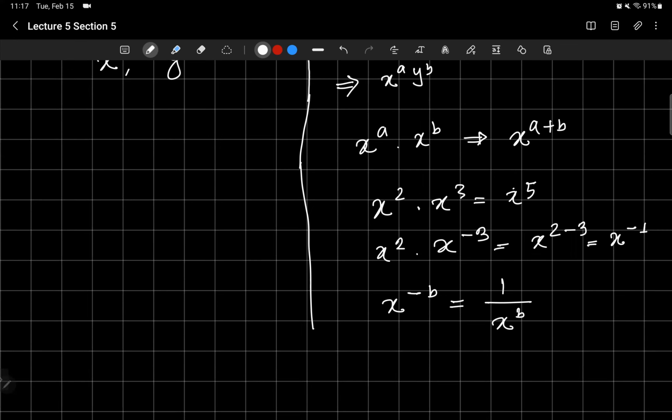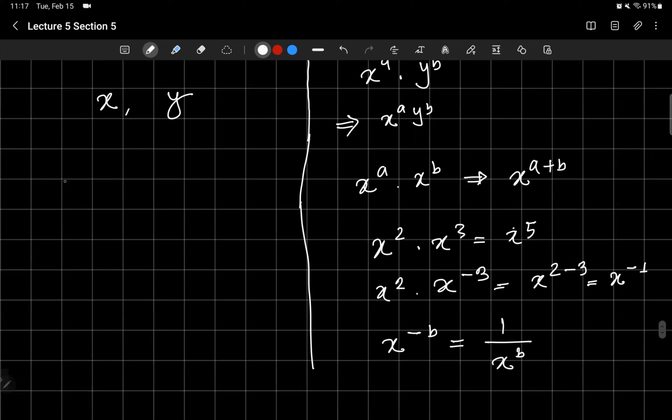Because if you have x to the power a minus b, then this is just x to the power a times x to the power minus b. But you can always write x to the power minus b as x to the power 0 minus b, right? And from there, you just write x to the power a by x to the power b.